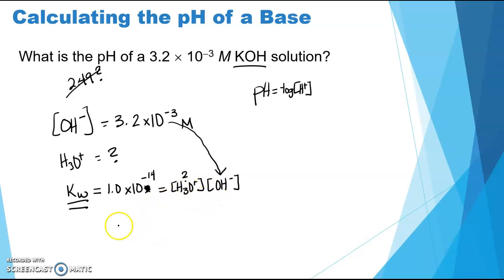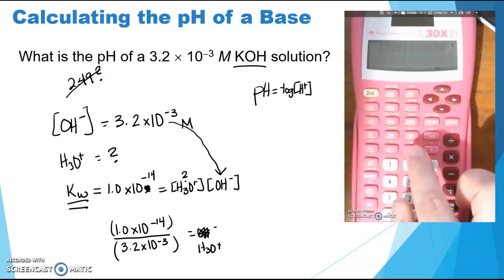I would do 1.0 times 10 to the negative 14 divided by 3.2 times 10 to the negative 3 will equal the hydronium value. Whoops, sorry guys, we already know the hydroxide value. That's me putting in this value, dividing both sides by it.